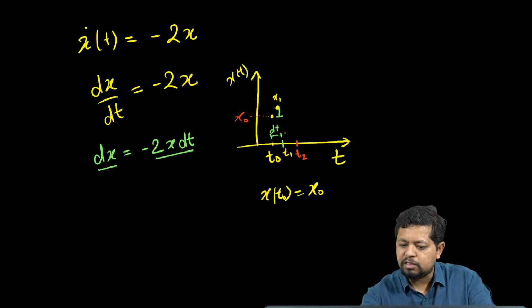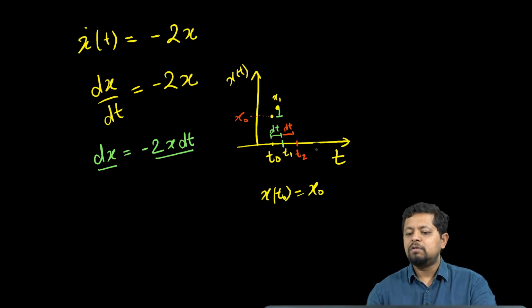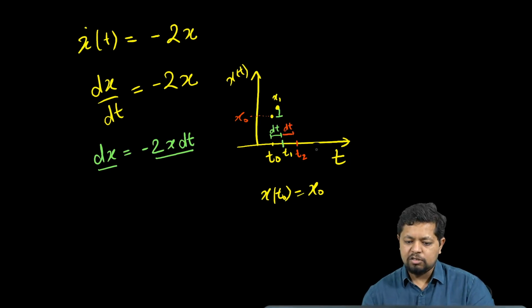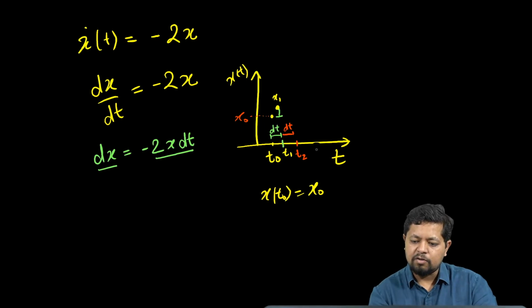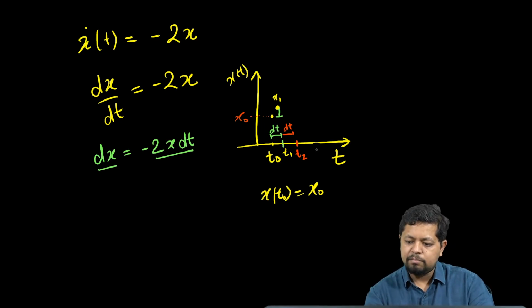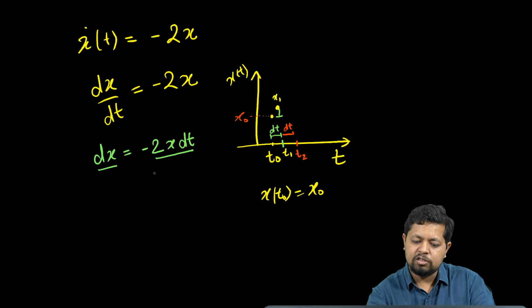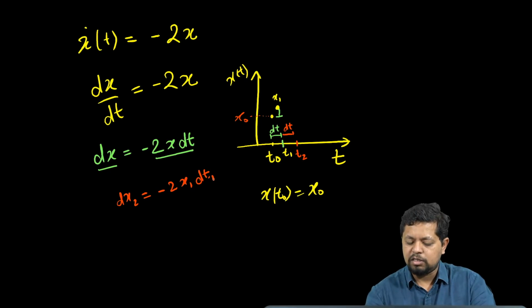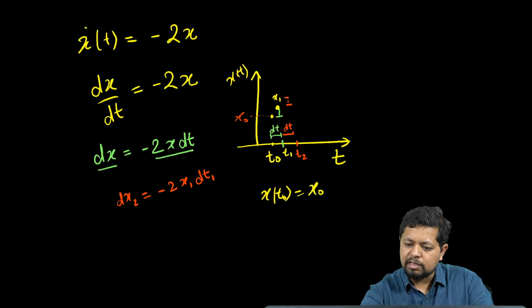At point t2, which is again some dt distance away, I want to find out how much x has changed. So I will calculate dx again at point t1: dx2 is minus 2 x1 times dt, and dt does not change, dt is always the same. When I calculate this quantity, I get dx2, and let's say this is my dx2.